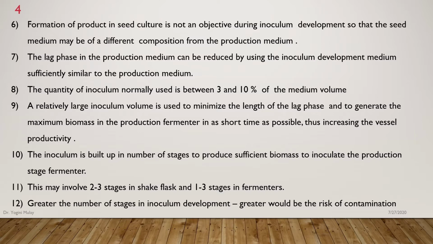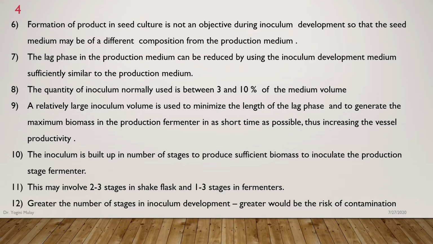So if you want to reduce the lag phase in the production medium, then the medium which we use for inoculum development should be sufficiently similar to the production medium.